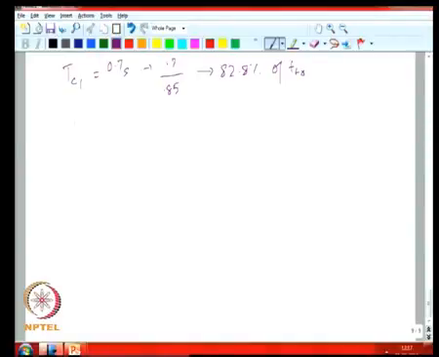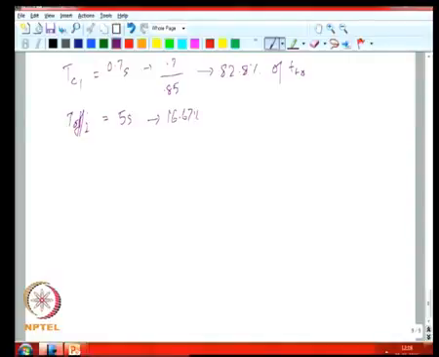Then if you look at your second open duration, T off 2, of 5 seconds, which is now 16.67%.